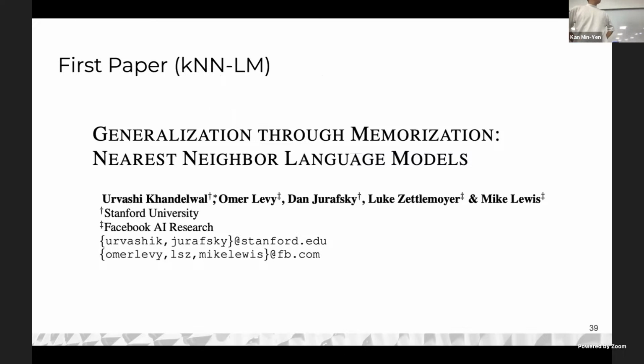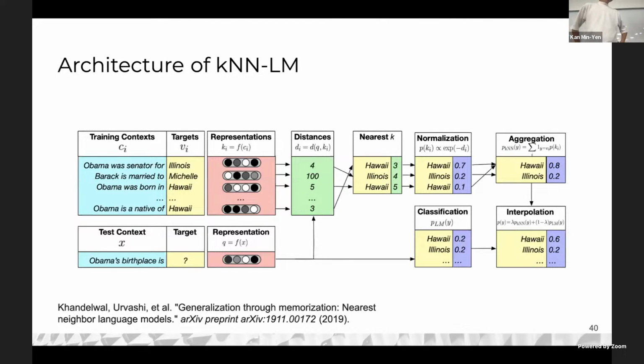The first paper, Generalization through Memorization, or we can name it the kNN-LM. Here's the entire architecture, and the memory part I have displayed in the previous slides.